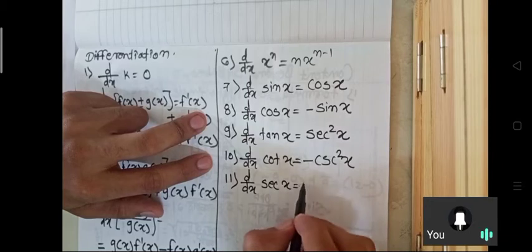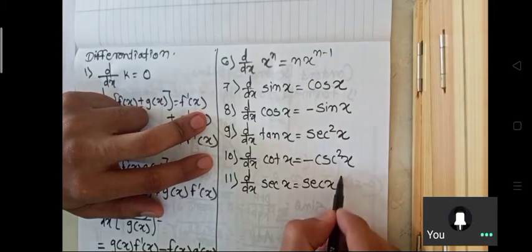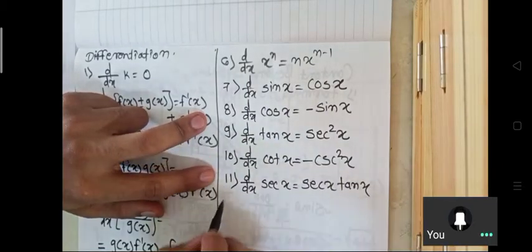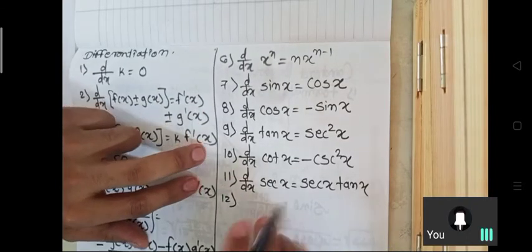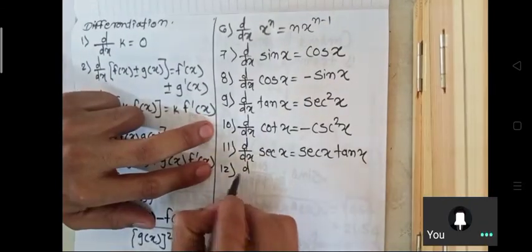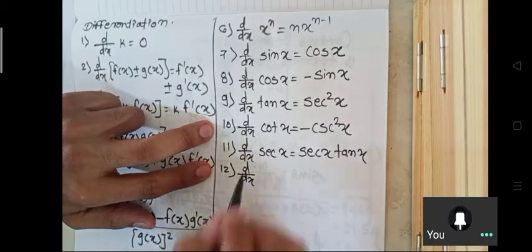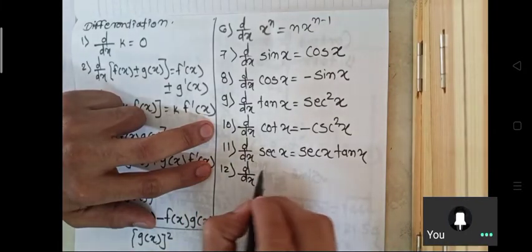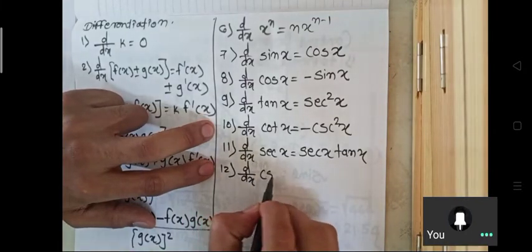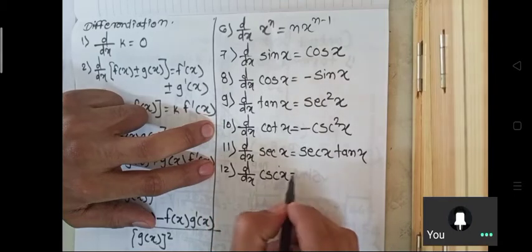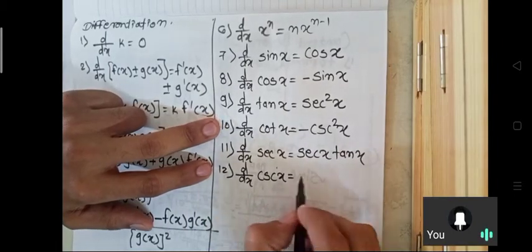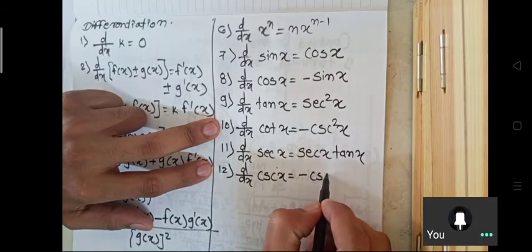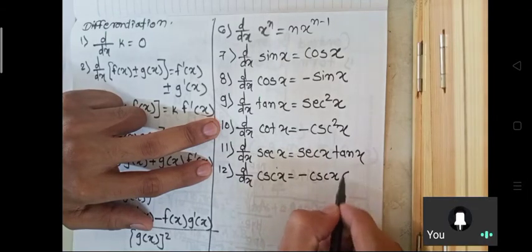Sec x tan x. Next, what is the derivative of cosec x? Minus cosec x cot x, correct.